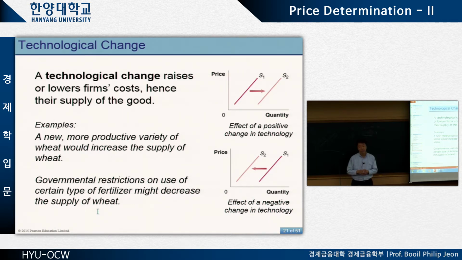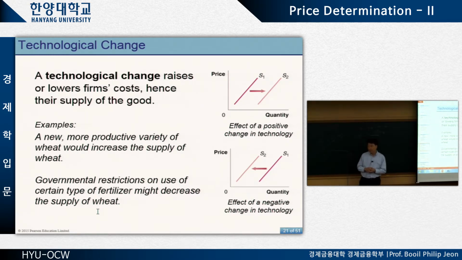In other words, basically it's the same thing as input price. If you have a better technology, it becomes cheaper to produce each unit of certain output. Better technology means it costs less, just like input price went down.